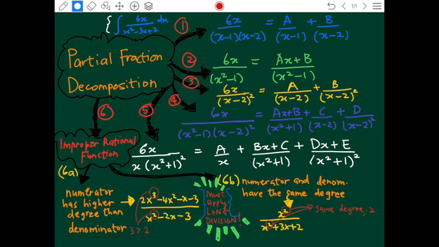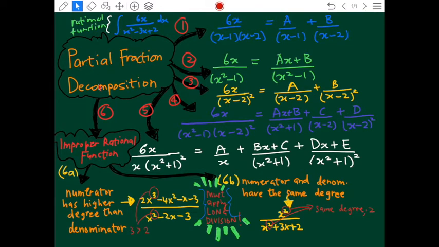Since this is a rational function, and we have the numerator and denominator here, the first thing that you need to do is convert it into partial fraction decomposition first, as the first step before you can proceed with the integration process.